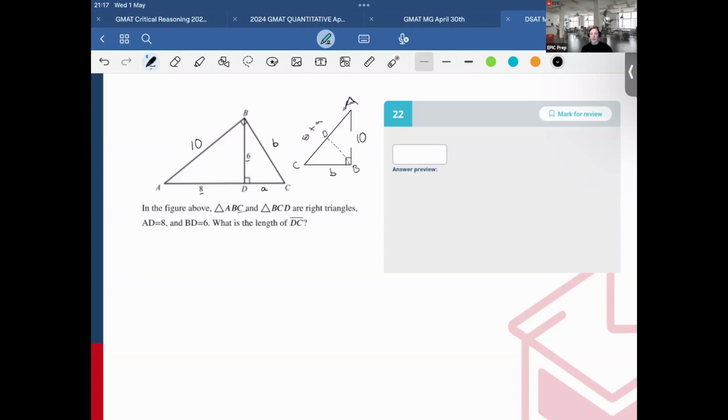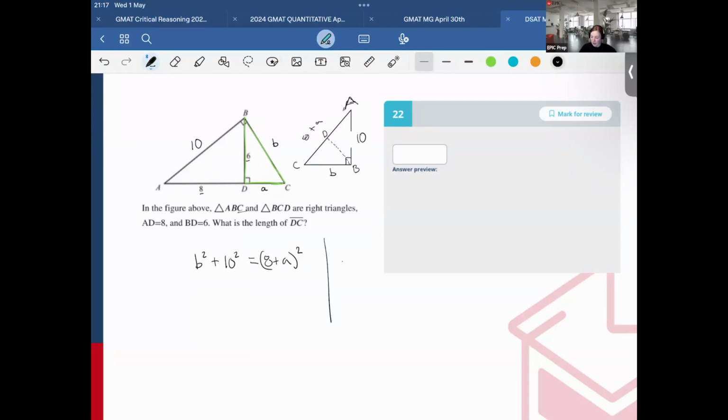So just to show what that looks like, and then I can use Pythagorean theorem. So B squared plus 10 squared is equal to 8 plus A squared. And also we can look here that from this triangle, I can create another Pythagorean theorem so that I have two equations.